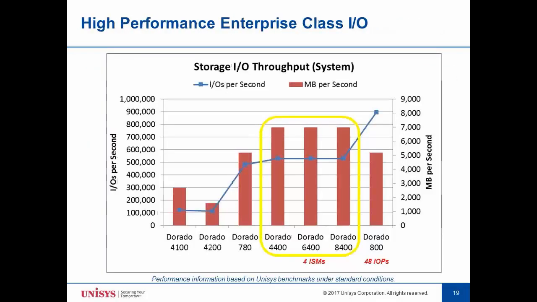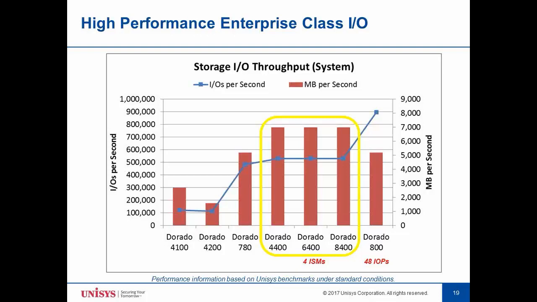Now, just as I showed for the network advantage, these latest generation of Dorado systems have an I/O advantage as well over the prior designs. This shows the comparison between the 4464 and 8400 with 4 ISMs, the maximum performance for a single partition, versus a Dorado 800 with 48 IOPs.